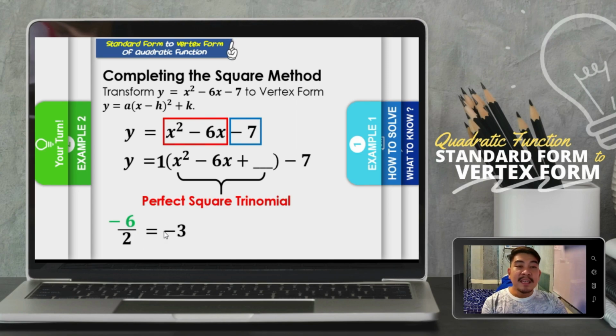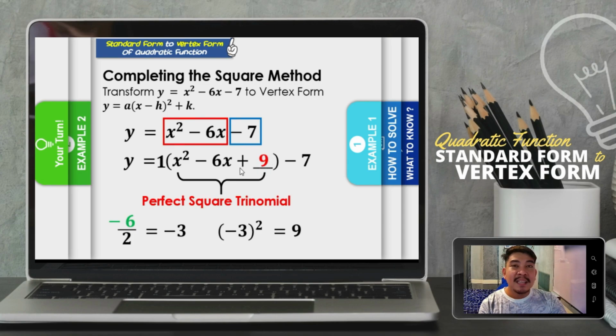And then this negative 3 will be squared, or multiplied to itself. So negative 3 squared, or negative 3 times negative 3, will be positive 9. So 9 will be added to the expression inside the parentheses to make it a perfect square. Now, if we are going to add a term inside the parentheses, we will be subtracting a term outside the parentheses. The question is, what are we going to subtract?